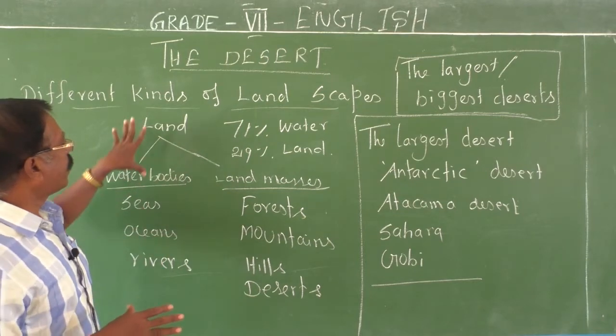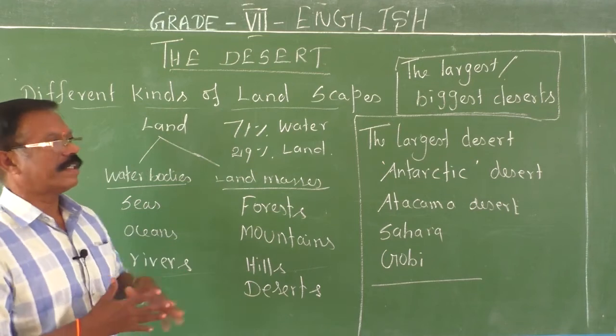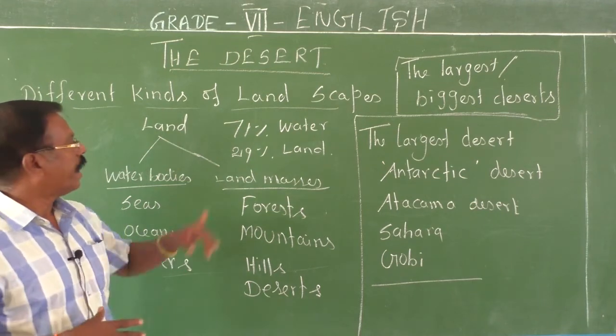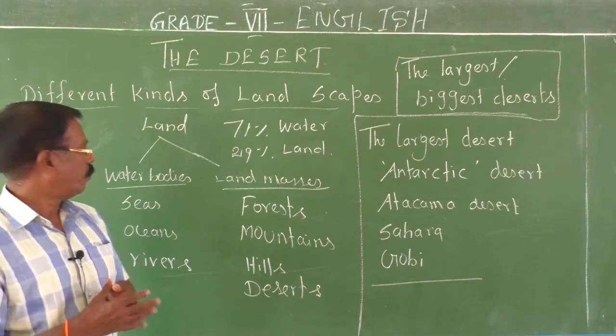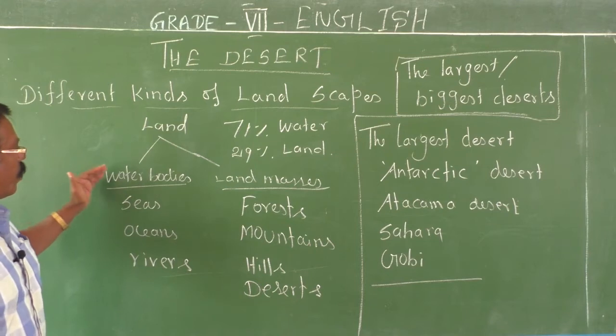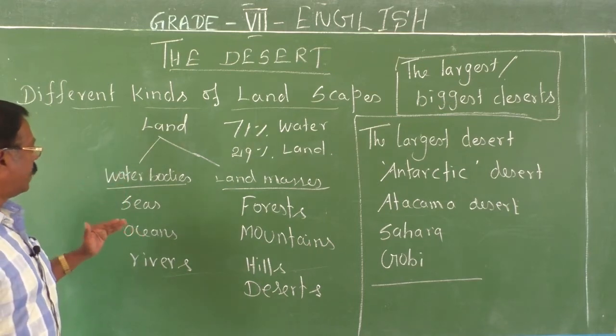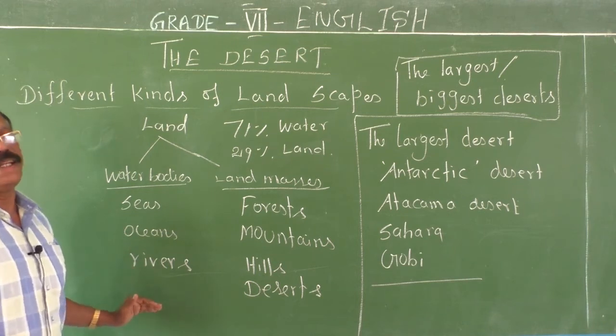Among all the total available surface on the earth, 71% is covered by water bodies and 29% is mere land mass. Water bodies are covered by seas, oceans, rivers, ponds and lakes.